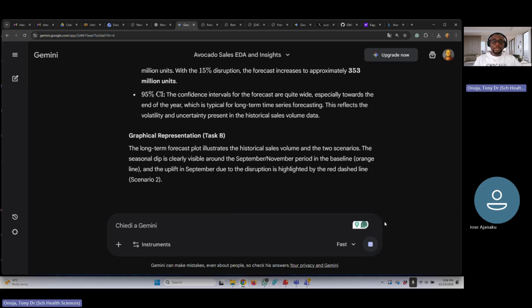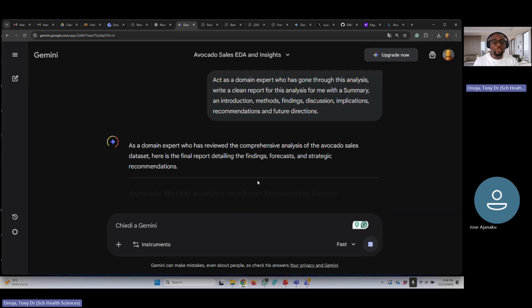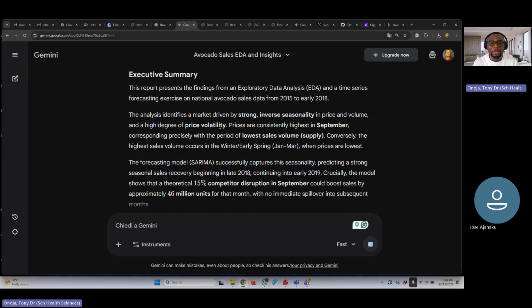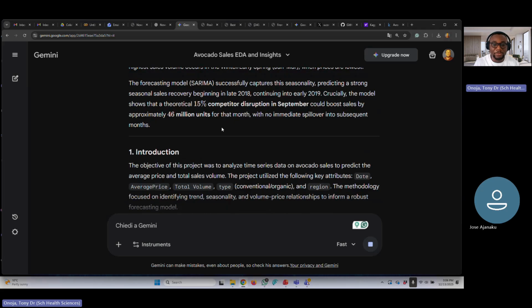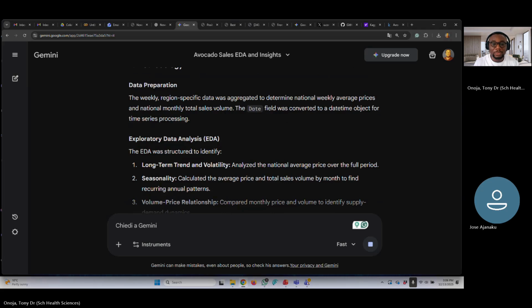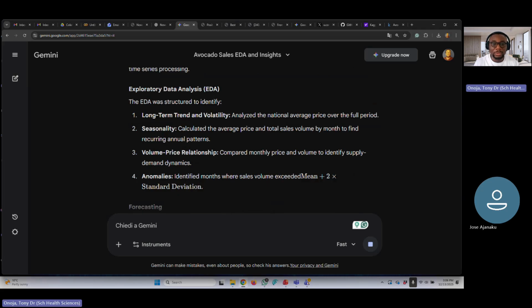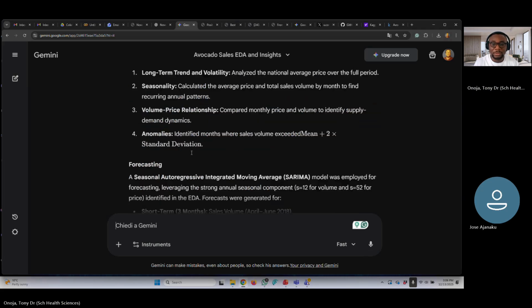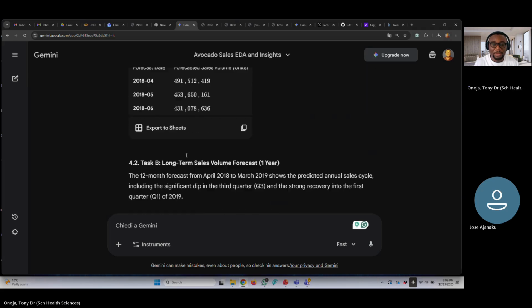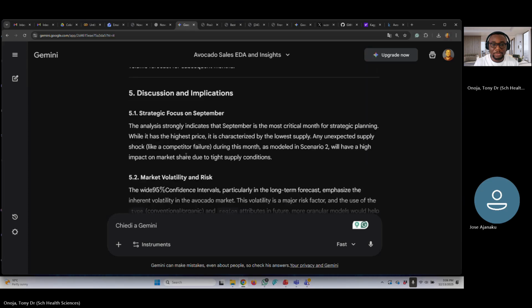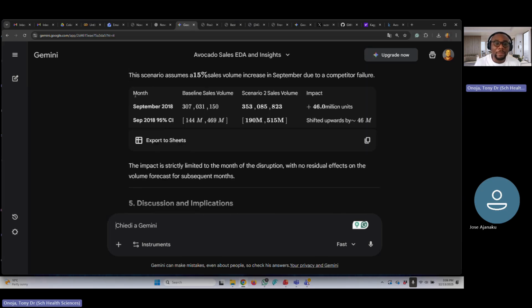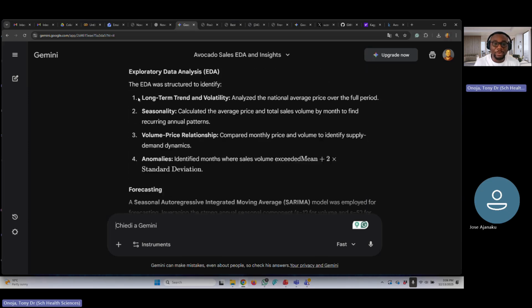So let's say you're okay with all the analysis. This is now an expert report on what was done. Good. You can see it gives you a well-detailed report.